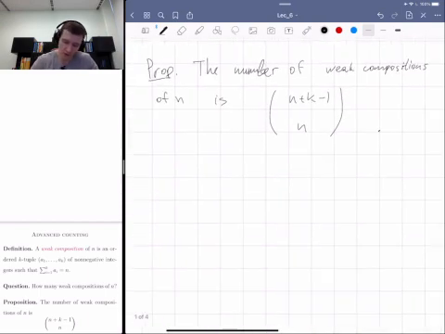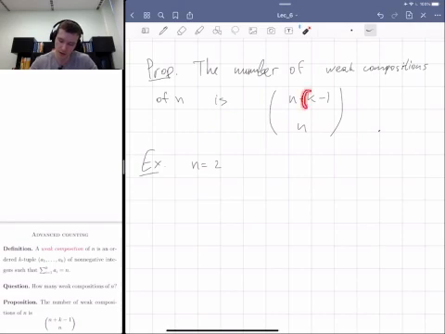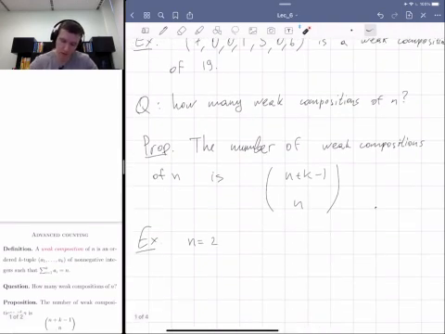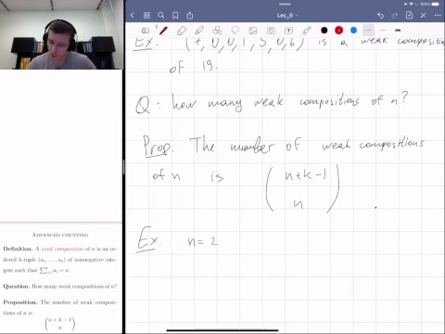Maybe I should try an example to convince you that the formula is correct. Here k is the number of spots, right? So maybe I should write compositions a1, a2, all the way up to ak.